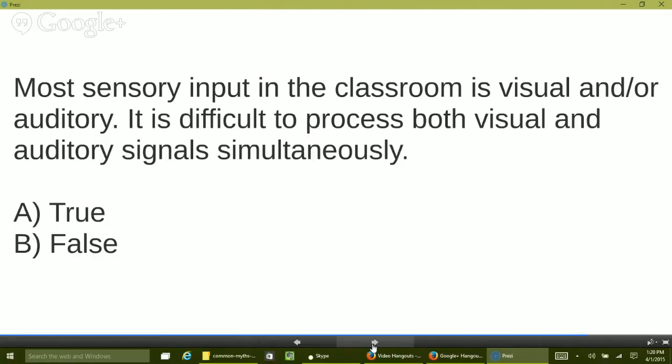We got one vote for false. Got 2 votes for false.